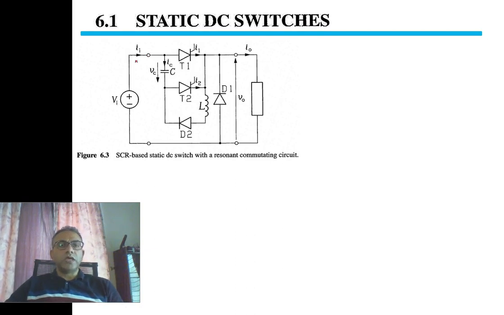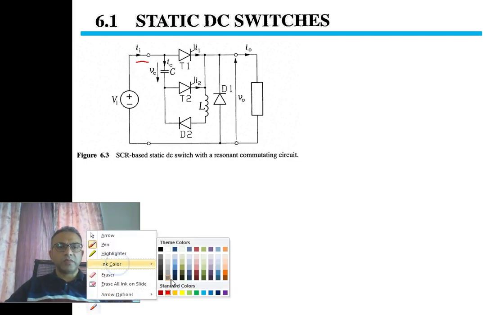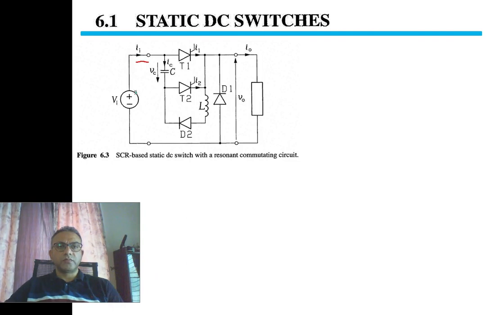By reducing the current through the SCR to less than the holding current. This will be done if we bypass the main current. When we bypass the main current through T2, the current in T1 will be zero, less than the holding current, therefore T1 will turn off. This is the concept.